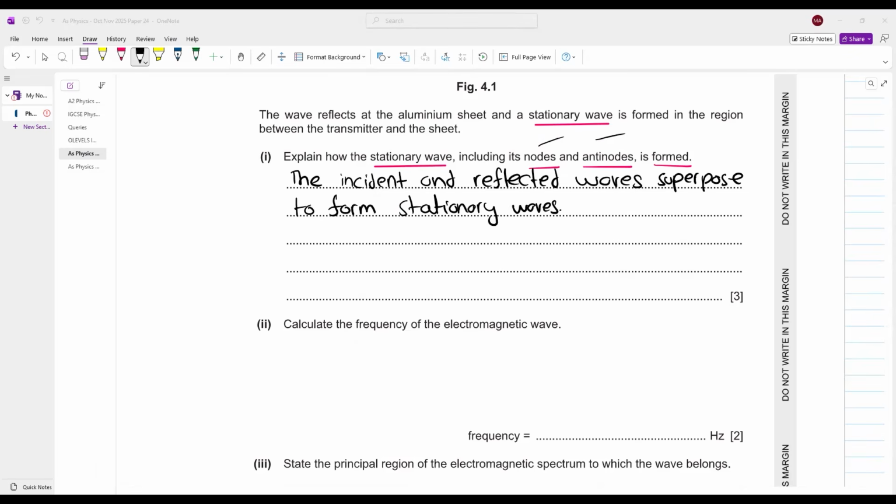If the resultant amplitude is maximum, it results in an antinode. लिख लो. If the resultant amplitude is maximum, it generates an antinode.